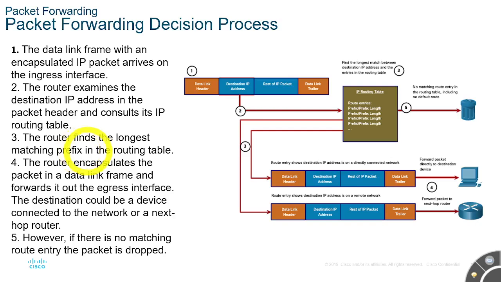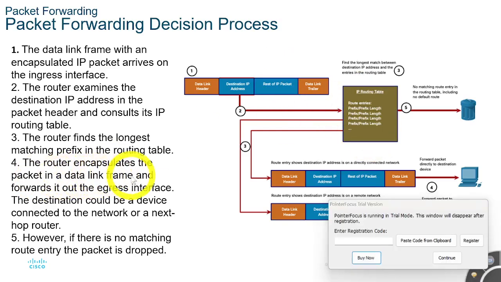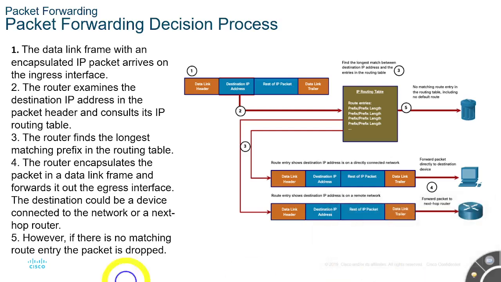We assume that it finds one. Then the router encapsulates this IP packet in a data link frame and forwards it to the outgoing interface of the router, the egress interface.